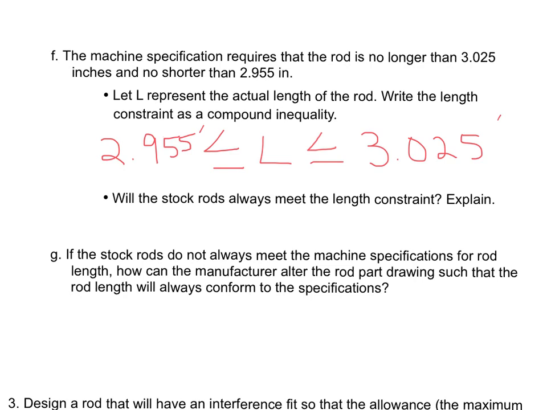That's your compound inequality. So you read it from the center. L has to be less than or equal to 3.025. That takes care of that. L has to be greater than or equal to 2.955. That takes care of that. All right, will the stock rods always meet the length requirements? And then explain.